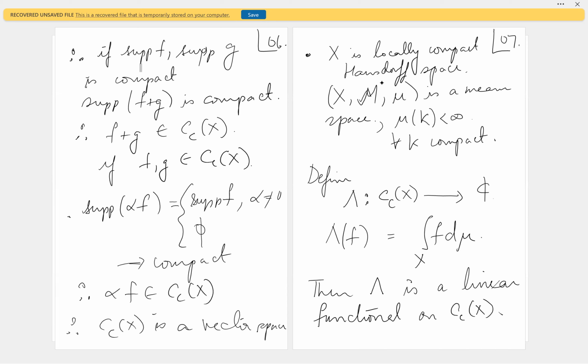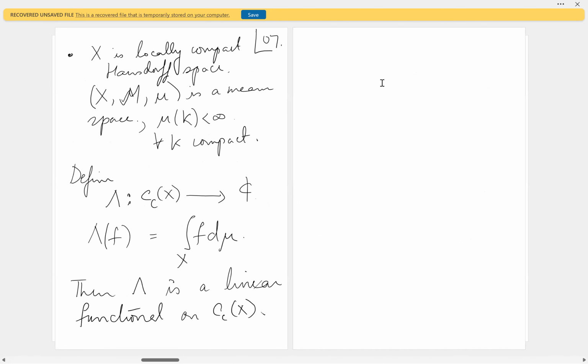Can anybody tell me why this should be finite? Since f has compact support. Yes, exactly. f has compact support. So if I write this, okay, maybe I'm jumping a bit, but this will be the support of f.